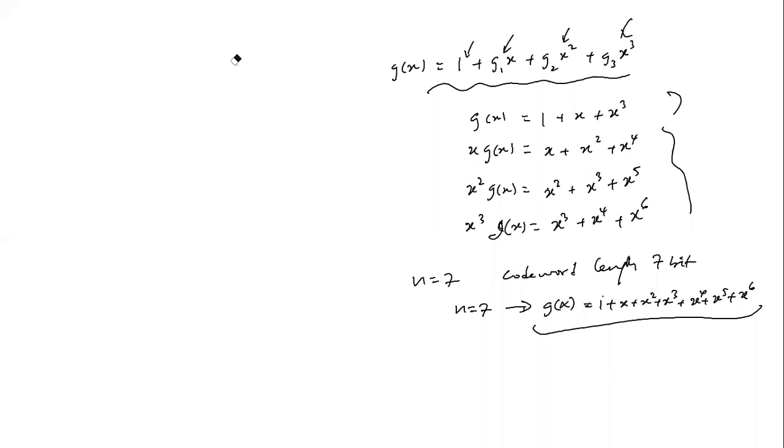Then this in terms of this, we now have for g of x, 1 is turned on, x is also turned on, but x squared is not turned on, 0, x cubed is turned on, 1, then x to the power 4 to the power 6 are turned off.